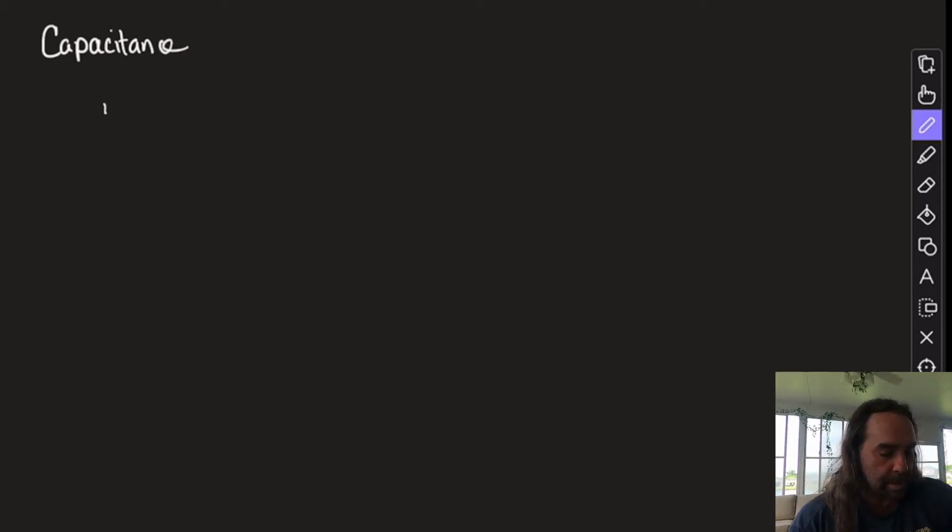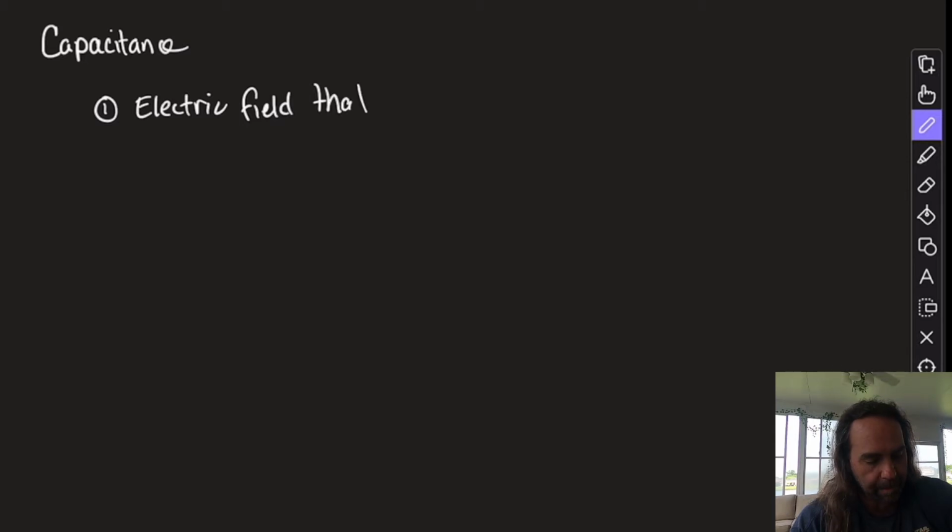So let's start with a reminder. If we wish to predict the capacitance of two pieces of metal, first, we need a way of expressing the electric field for every location in space for those two pieces of metal, or between those two pieces of metal. That's what we're looking for. The electric field that fills the space between the two pieces of metal.